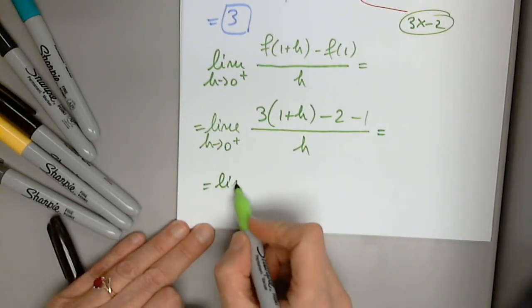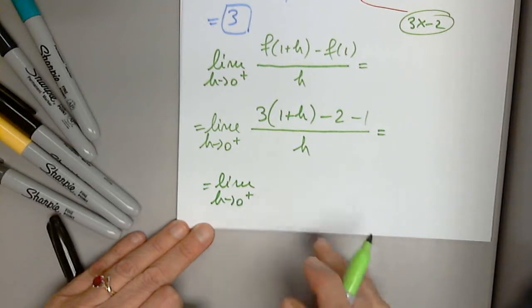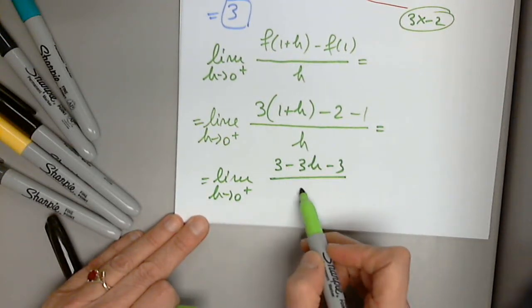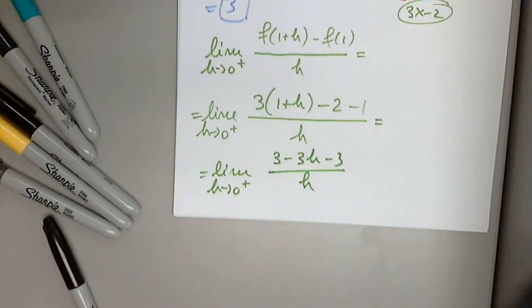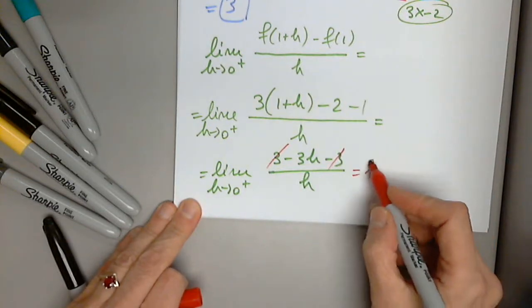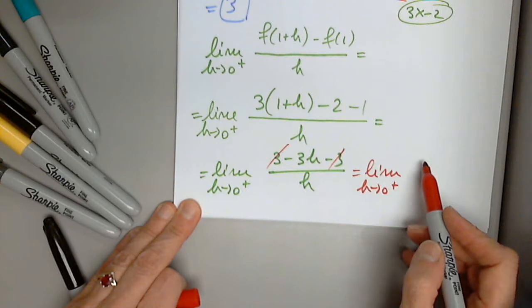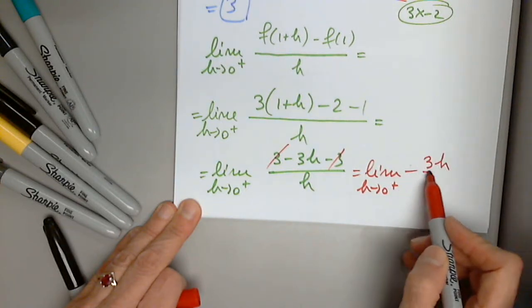So this is the limit as h approaches 0 from the right of 3 plus 3h minus 3 divided by h. Every time we determine or play with the difference quotient, all terms without h at the top must go away. So this is the limit as h approaches 0 from the right of 3h divided by h.